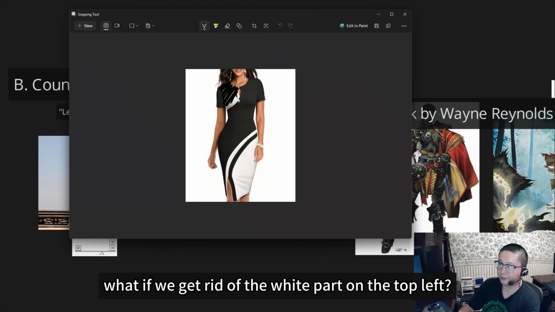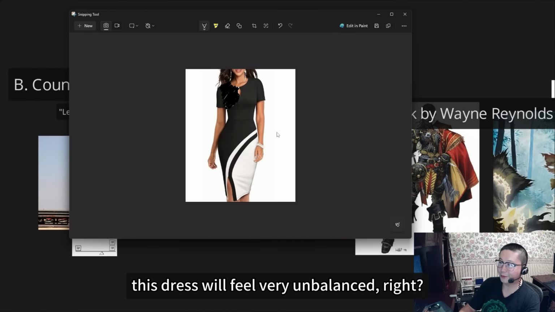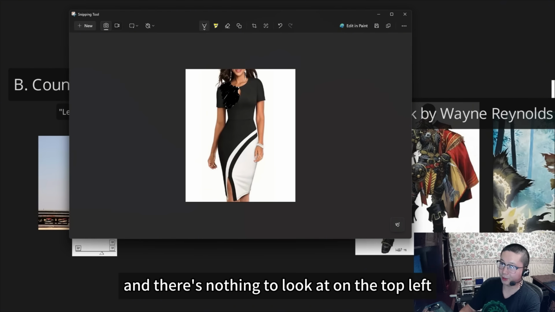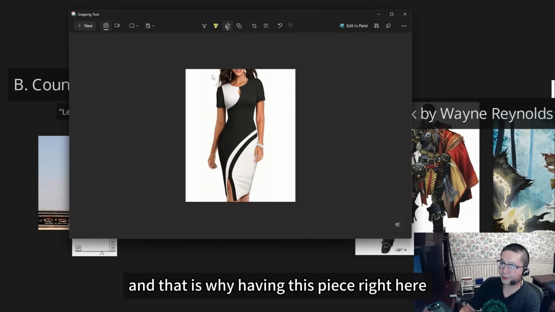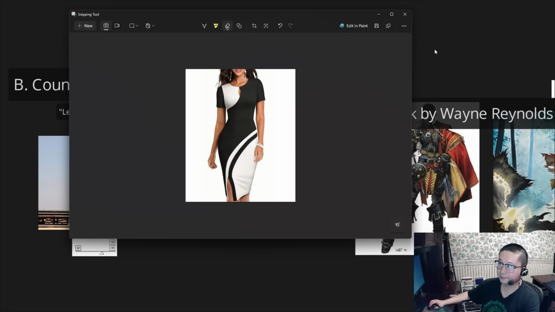What if we get rid of the white part on the top left? This dress will feel very unbalanced, right? You'll see that it's way too heavy on the bottom right, and there's nothing to look at on the top left. And that is why having this piece right here just counterbalances the whole design.